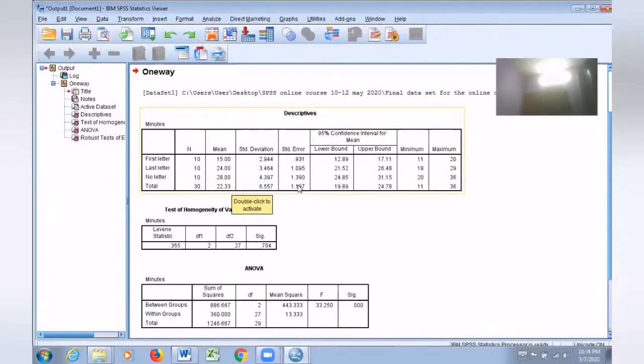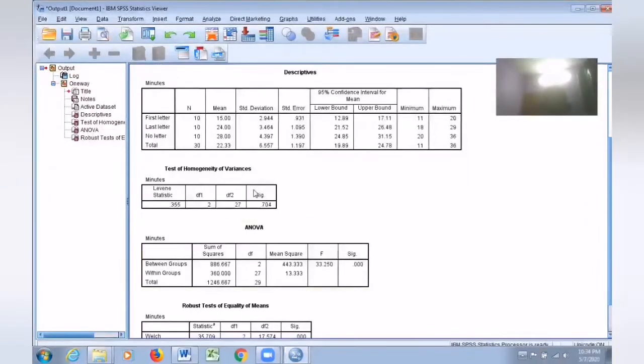As I told you, standard error is the standard deviation of the sampling distribution. It tells about the 95% confidence interval, the population's lower limit and upper limit. And the most important is the test of homogeneity of variance.